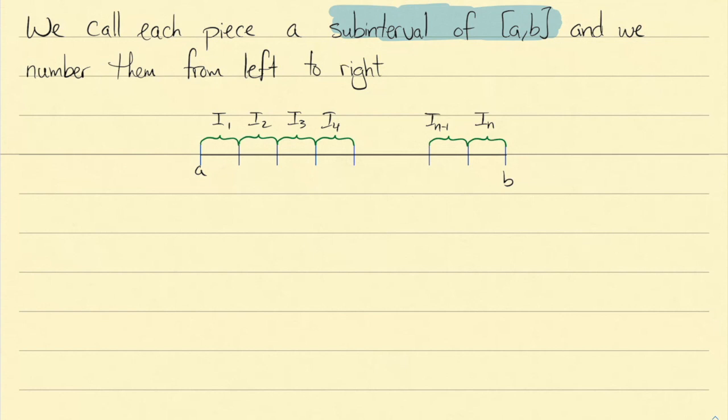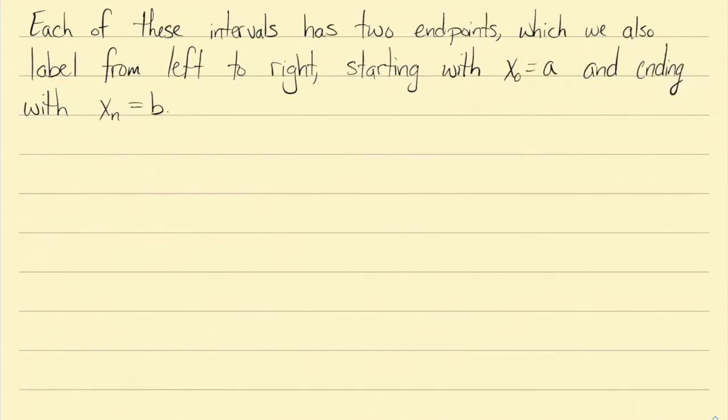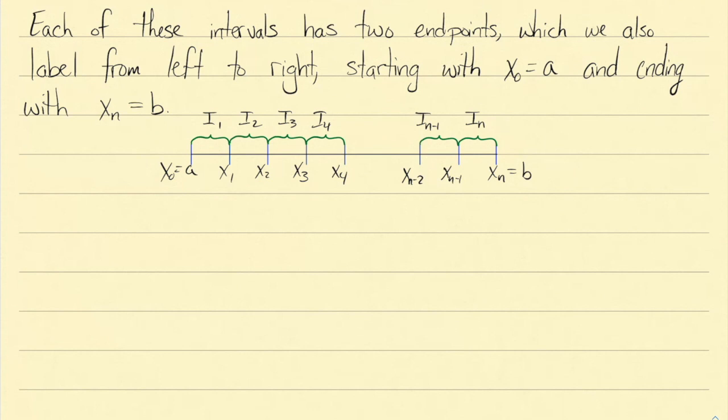Our last point is going to be xn, and that's b. So now that we have our numbering, we can see that we start with x0, which is the left endpoint of the first interval. Then x1 is the right endpoint of the first interval, but also the left endpoint of the second interval.